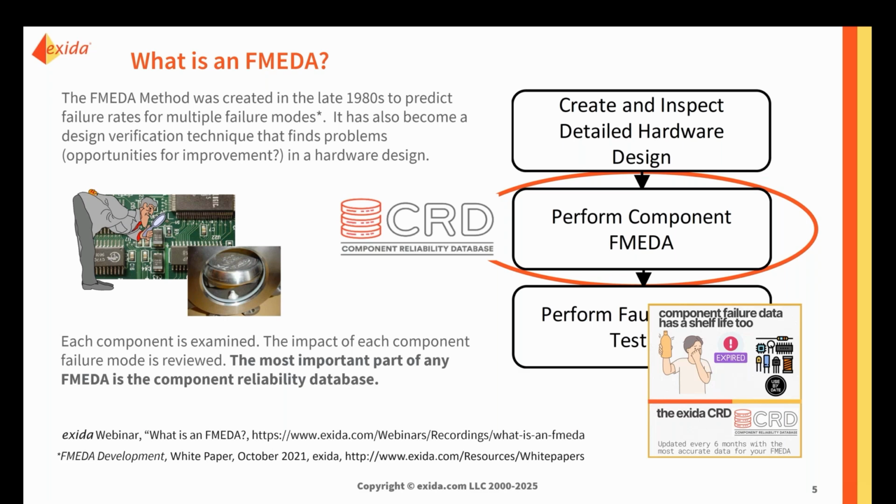Every component in a design is examined. The impact of each component on the device failure mode is reviewed, and we generate a failure rate prediction. Of course, that prediction depends very much, in fact, it depends completely on the component reliability database.